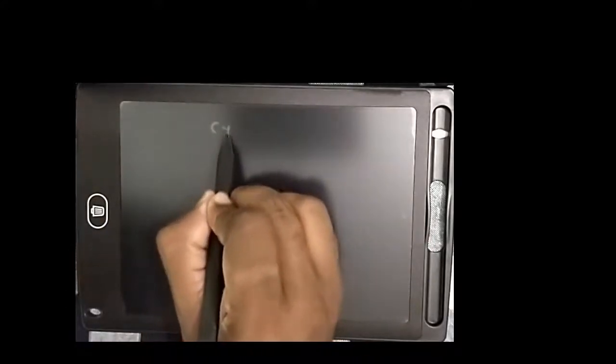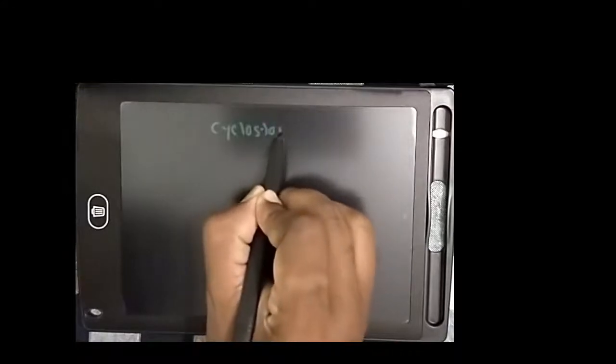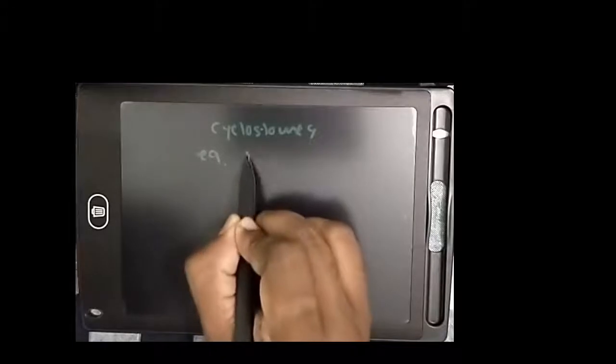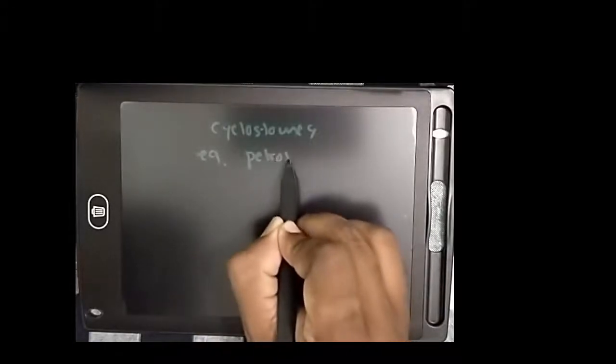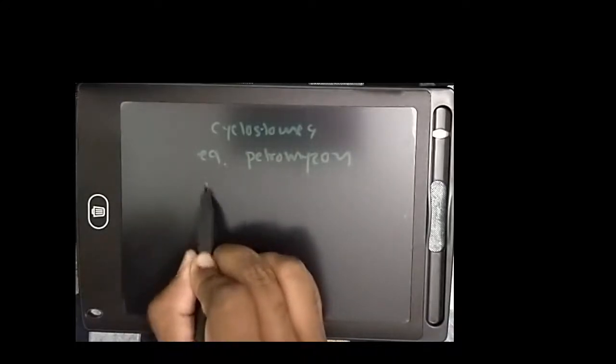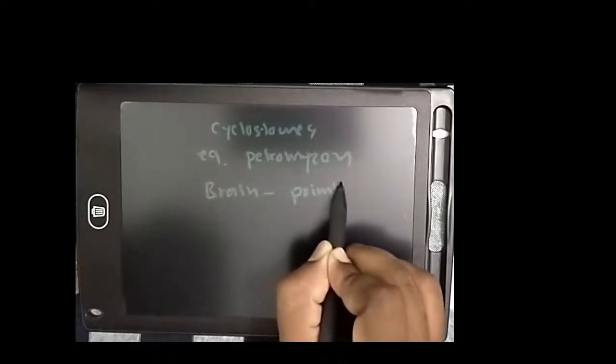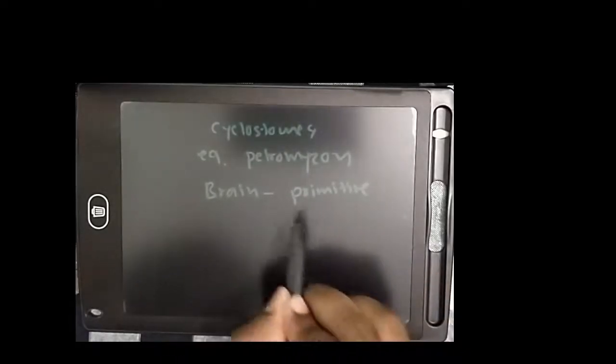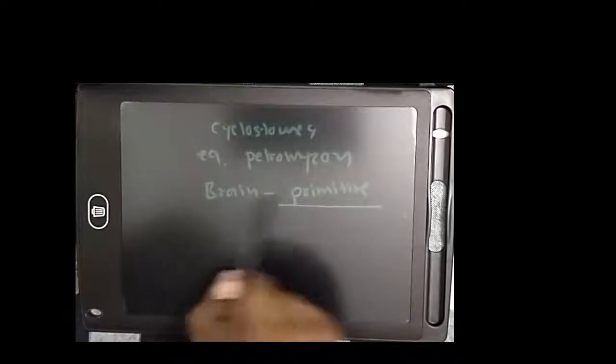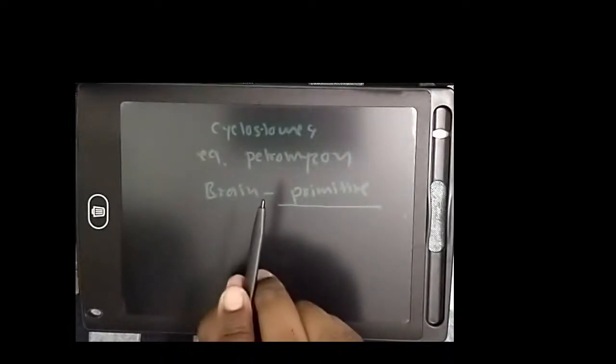After the brain of Amphioxus, we move towards the next group of animals, the cyclostomes. A well-known example of the cyclostome is Petromyzon. This is an aquatic animal. The brain of Petromyzon is of a very primitive type, when we compare it with Amphioxus.